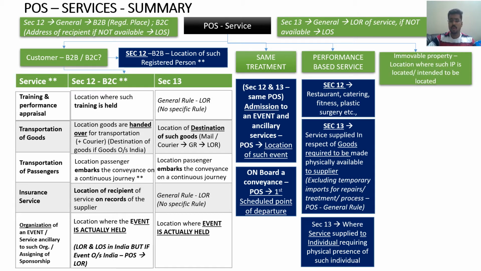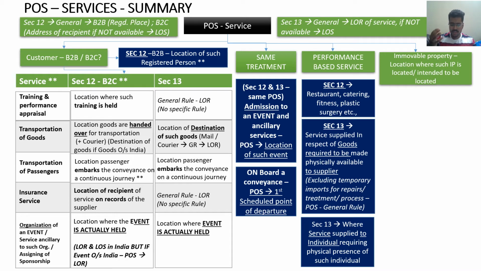So immovable property, this is again common in section 12 and section 13. It is the location where such immovable property is located or intended to be located, right? So immovable property, not just accommodation, also includes services directly in relation to immovable property. Let's say architect service, interior decorator service, right?